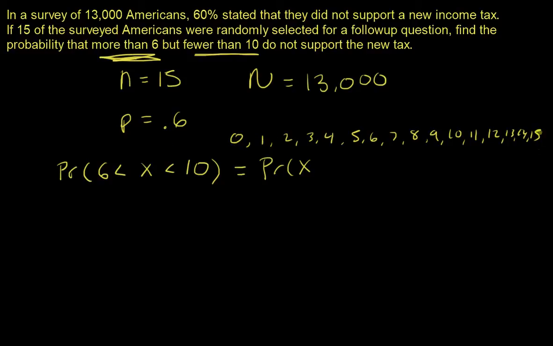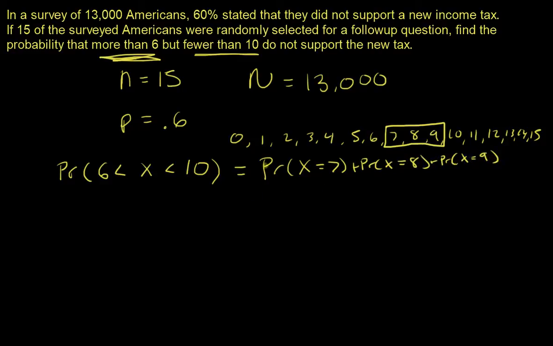All the way up to 15 out of 15 support the income tax. We're trying to figure out the probability that more than 6, so 7, and less than 10, so 7 to 9, right? We're trying to figure out the probability that x equals 7, add that to the probability x equals 8, add that to the probability x equals 9, right?